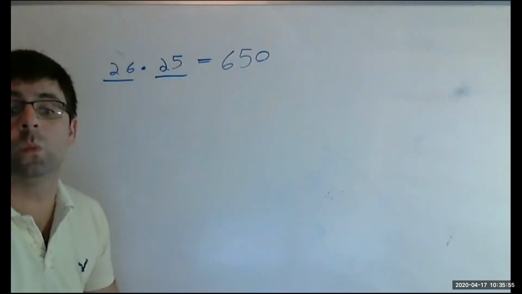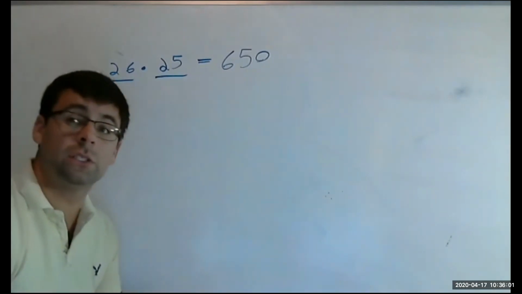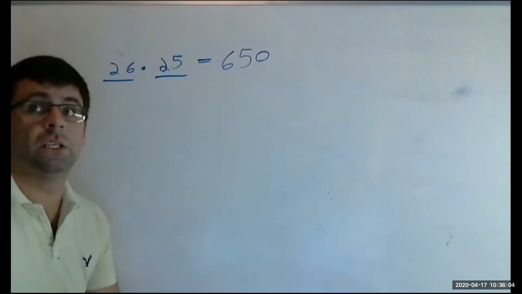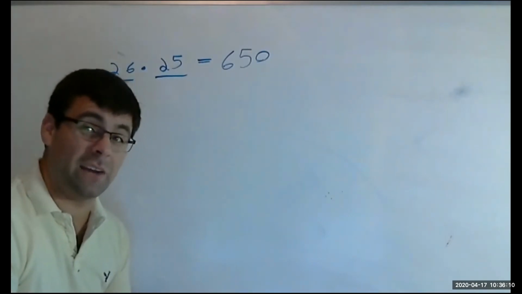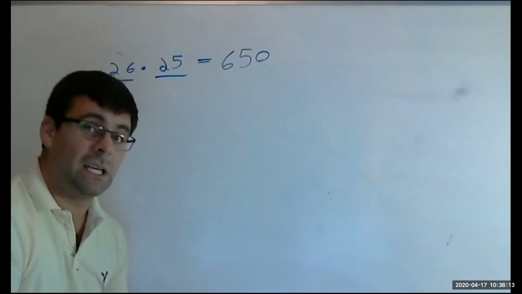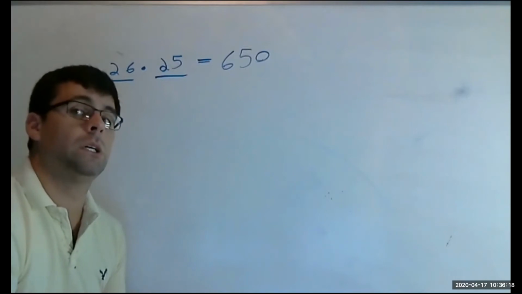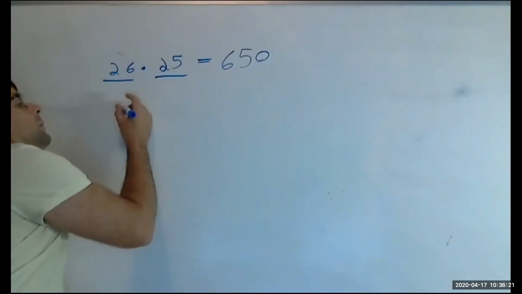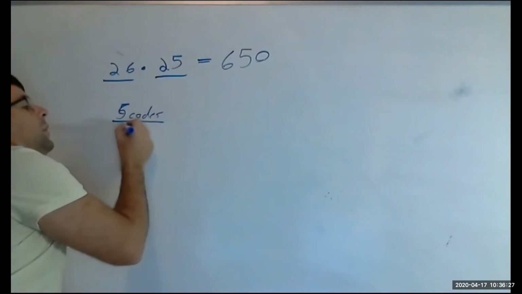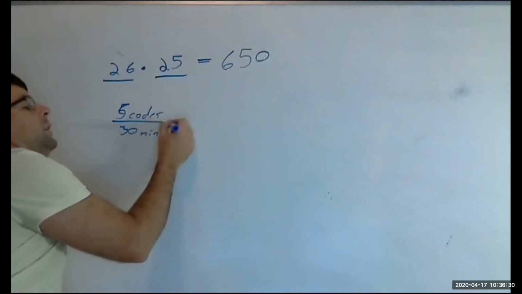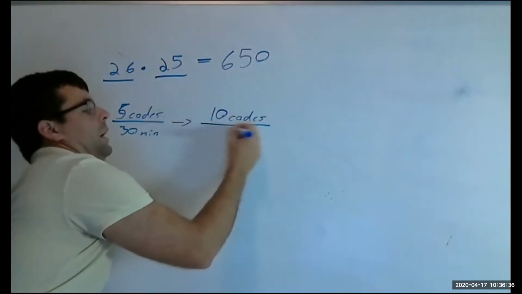So what about if the person can try 5 codes every 30 minutes? How long does it take? Well, if they can try 5 codes every 30 minutes, how many codes can they try in an hour? Ten. Yeah. So 5 codes per 30 minutes, we're going to convert this to 10 codes per hour.